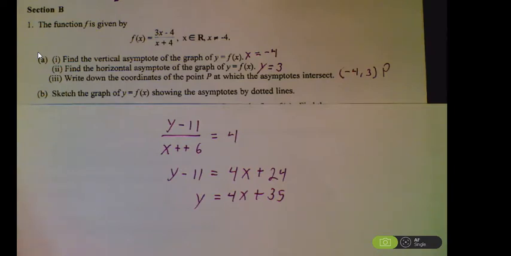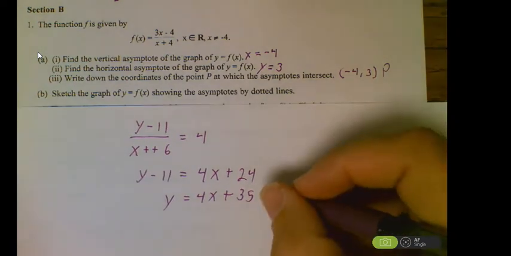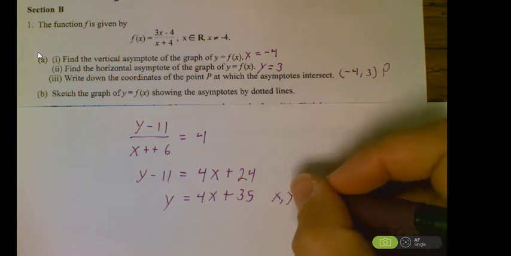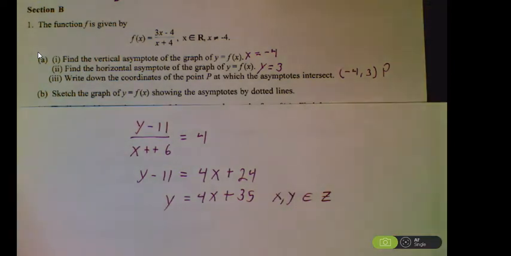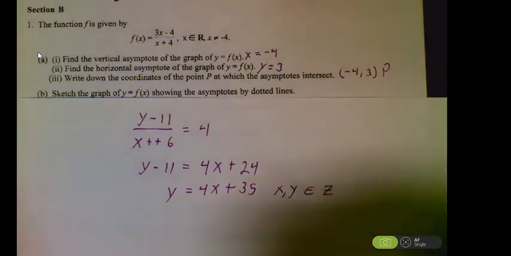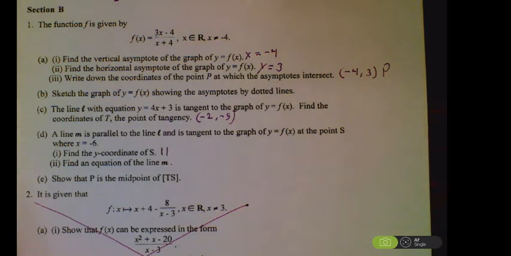Sometimes, if you have fractions, they might throw in something where they say that all the letters, the x and y, must be elements of the integer system, which means you can't have fractions, so you got to multiply through by something to clear out all the fractions. Little things like that. So really important that you read carefully with the notation and on a test how they want you to write your answers. So that was that part.